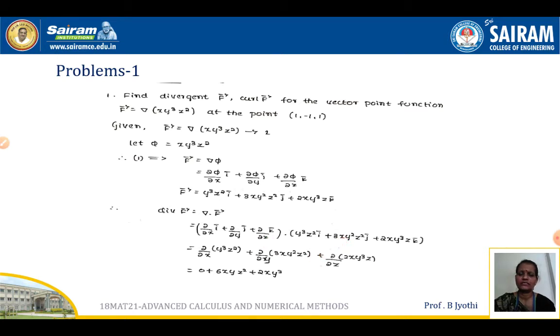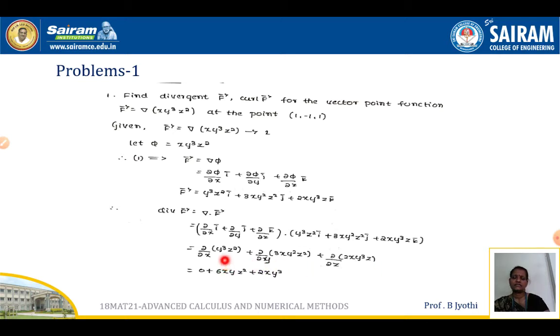Multiplying the respective components and differentiating with respect to x, y and z, that is dou by dou x of y cube z square plus dou by dou y of 3xy square z square plus dou by dou z of 2xy cube z.